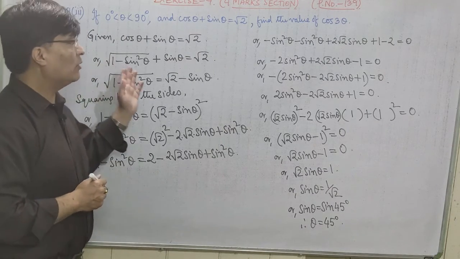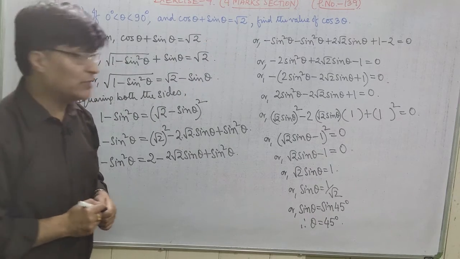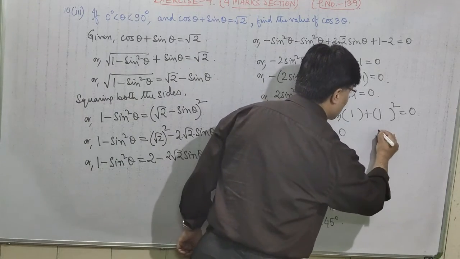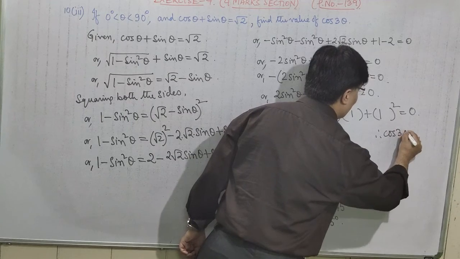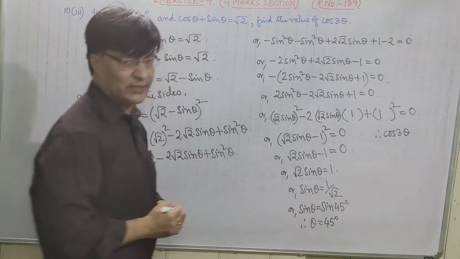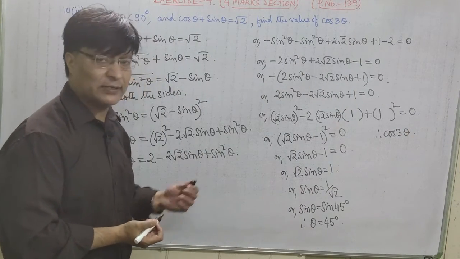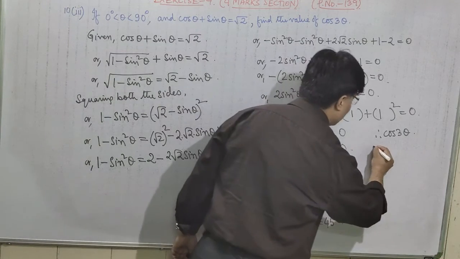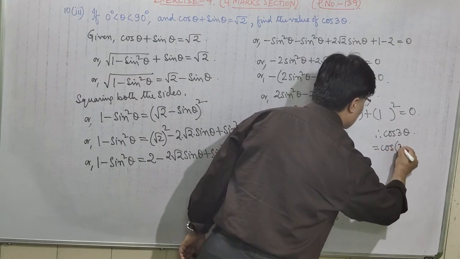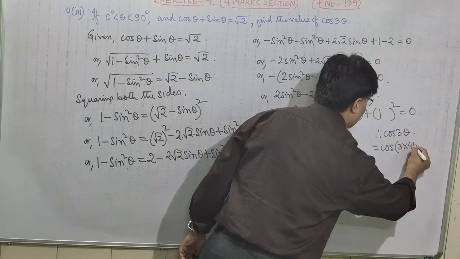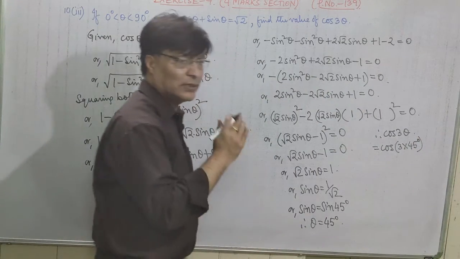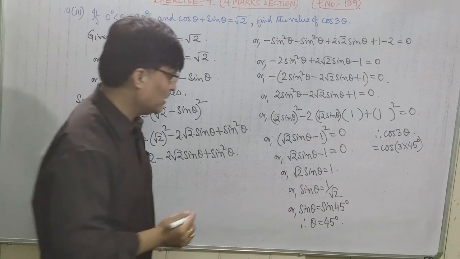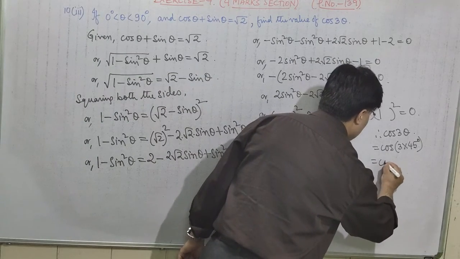Okay. Now let us find out the value for cos 3 theta. In the question it is asked to find the value for cos 3 theta. We can put the value for theta here: cos 3 into 45 degree, which we just got.